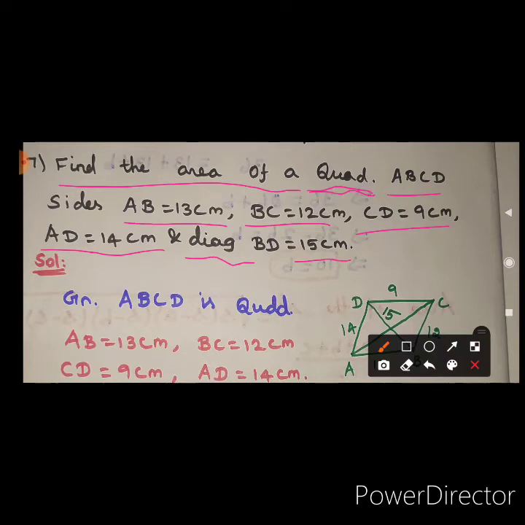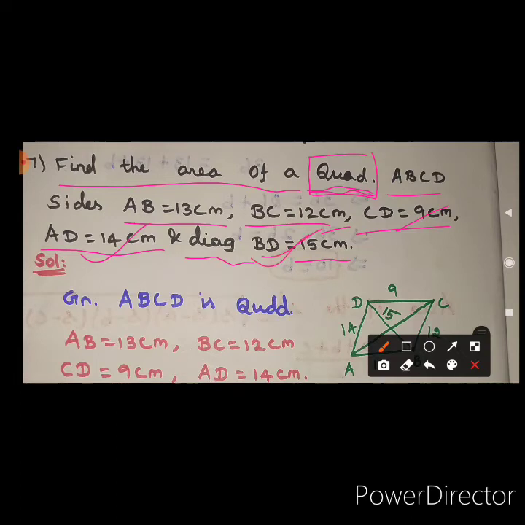I repeat it. Find the area of the quadrilateral ABCD. Sides AB 13 cm, BC 12 cm, CD 9 cm, AD is equal to 14 cm and the diagonal BD is 15 cm.